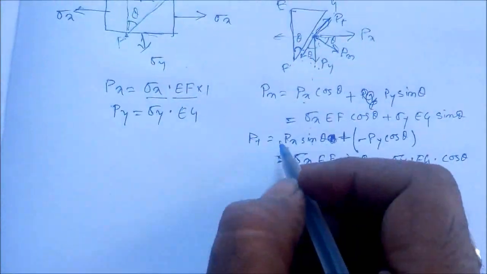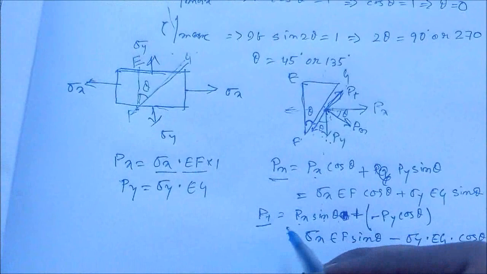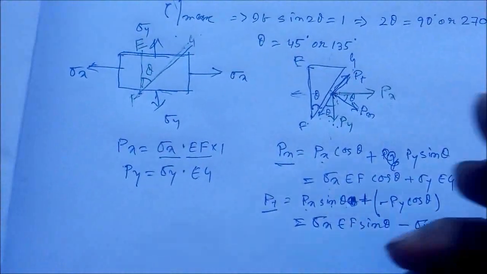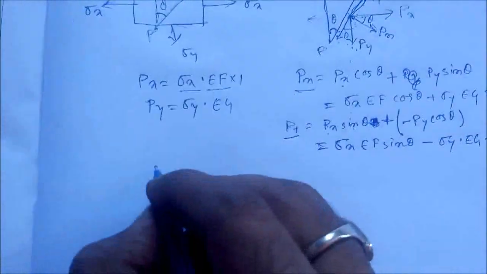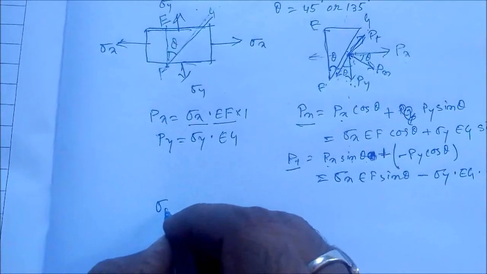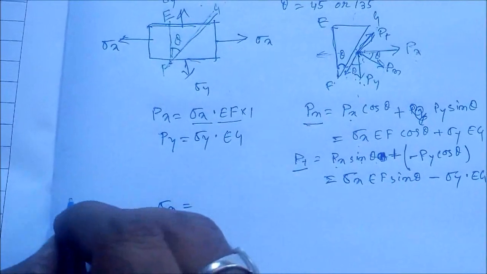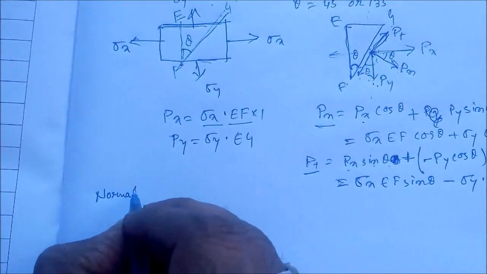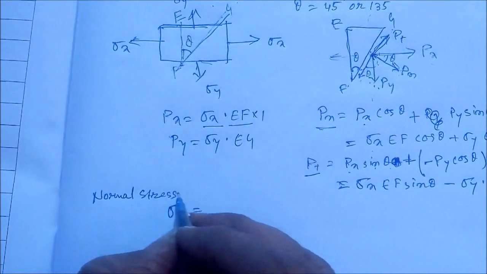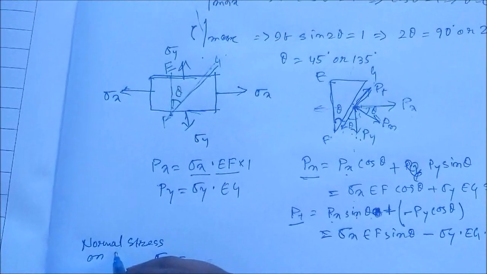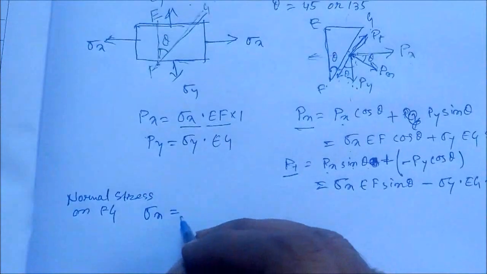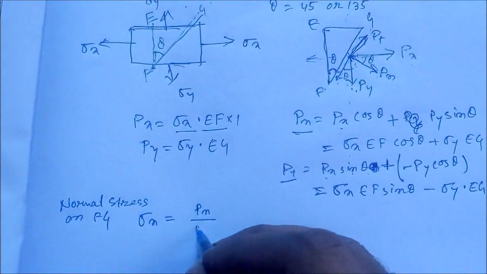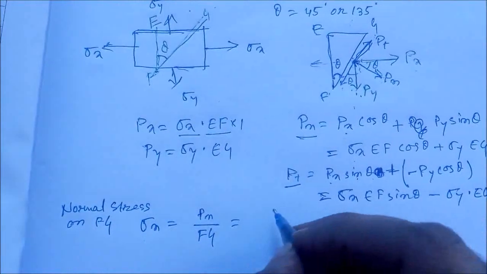now those are the forces, right? Those are the forces. Now what will be the stresses? That is the normal stress and the shear stress on that plane. If we take sigma n as the normal stress on the plane FG, then sigma n will be equal to Pn divided by the plane area, that is FG, right?